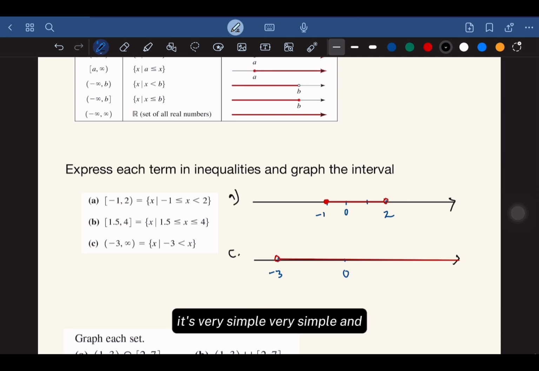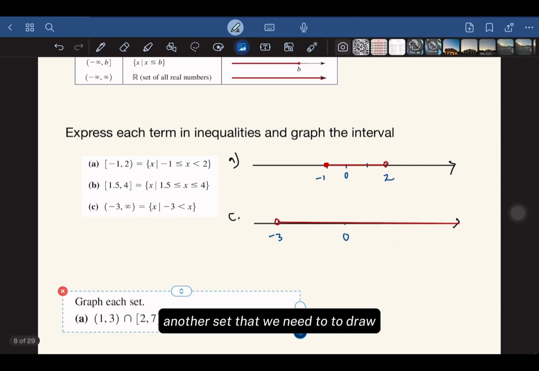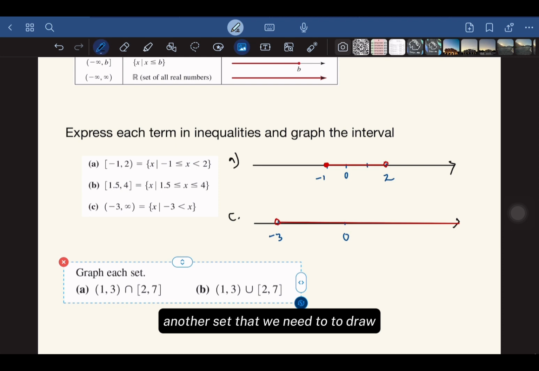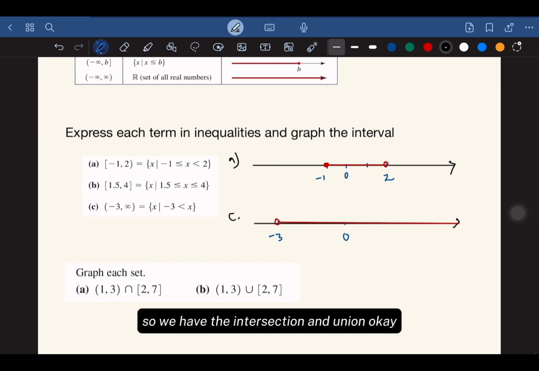It's very simple, very subtle, but very useful. Okay, let's go to another set that we need to draw. So we have the intersection and union.